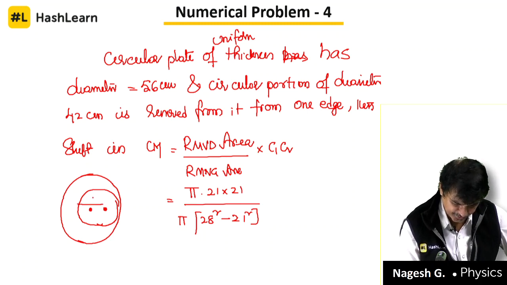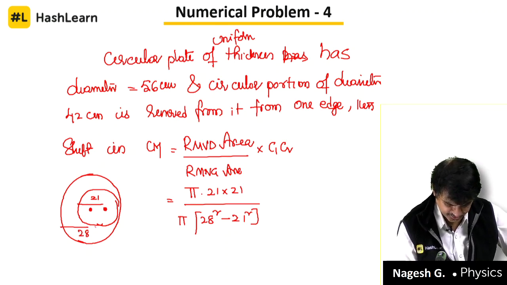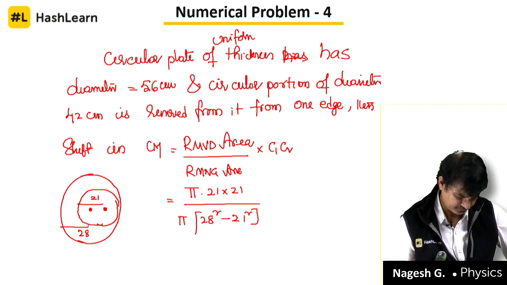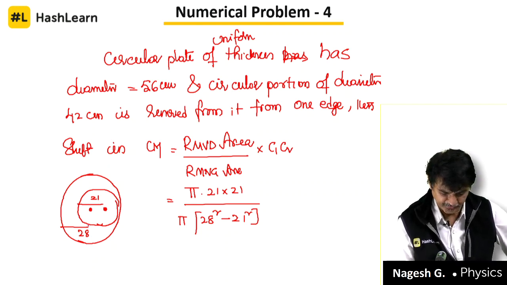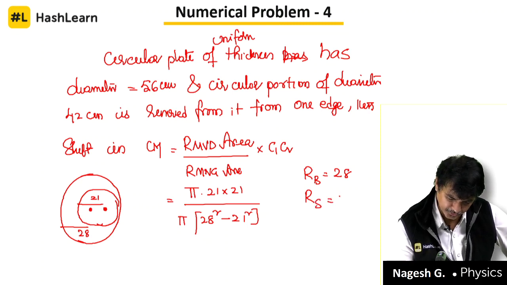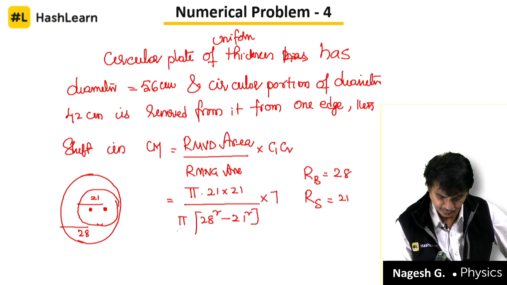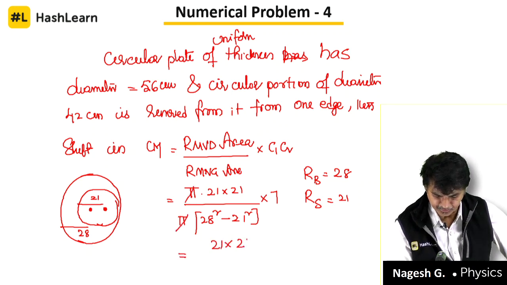From here to here it is given as 21, and from here to here it is 28. So the radius of the big plate is R big equal to 28 and R small is equal to 21. So the distance between the centers is equal to 7. Pi cancels out.